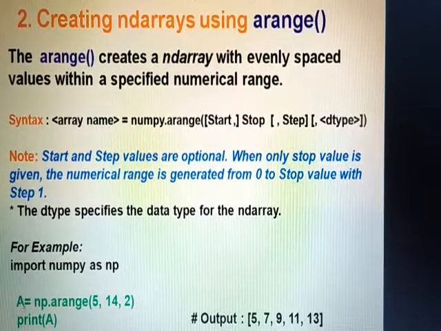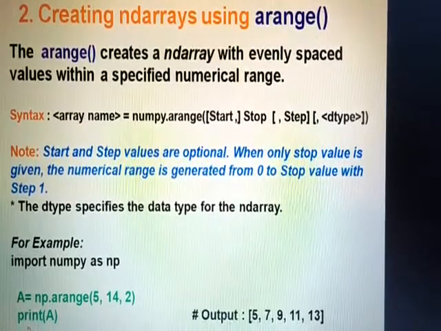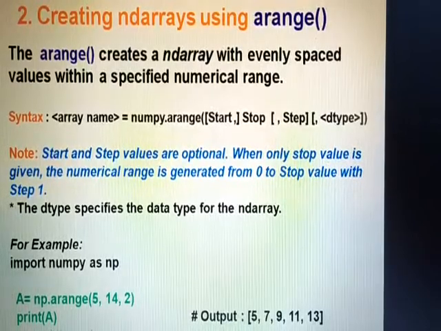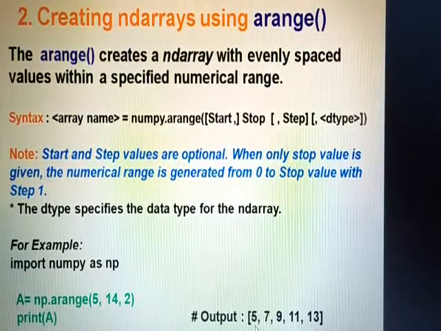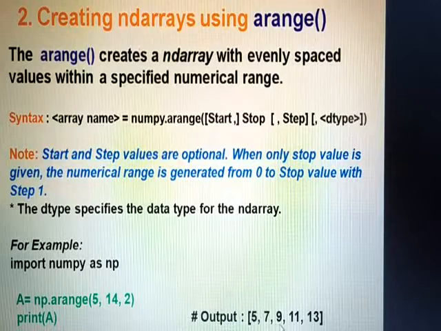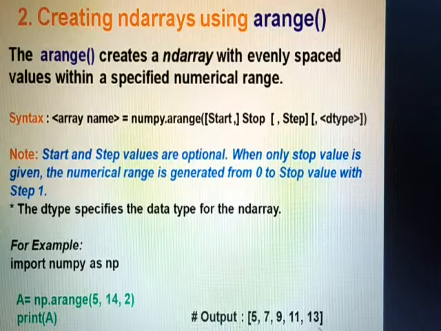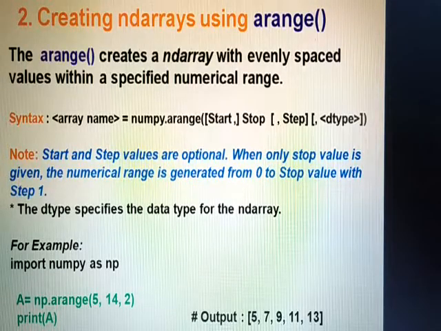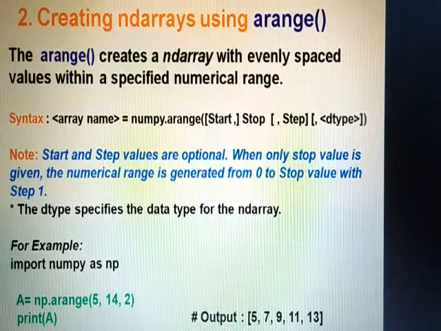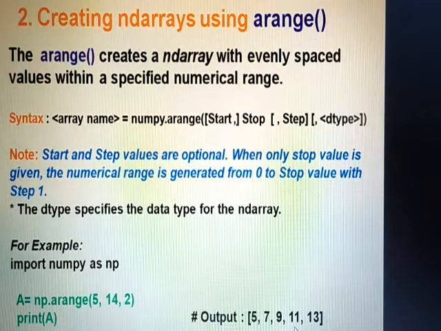And whenever you apply the command print a, the result will be 5, 7, 9, 11 and 13, stored in the array A. Here 5 is the start value and the step is given as 2. So the value is increased by 2. So the next value is 5 plus 2, that is 7, 7 plus 2, that is 9, 9 plus 2, that is 11, and so on.